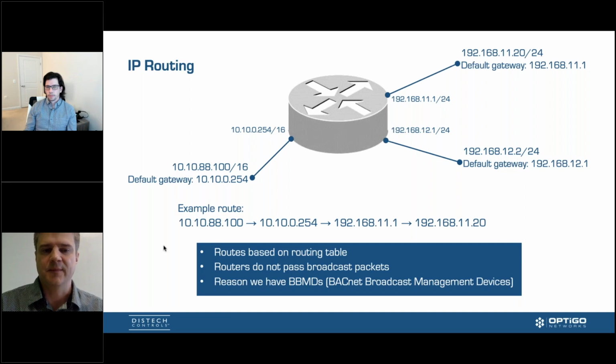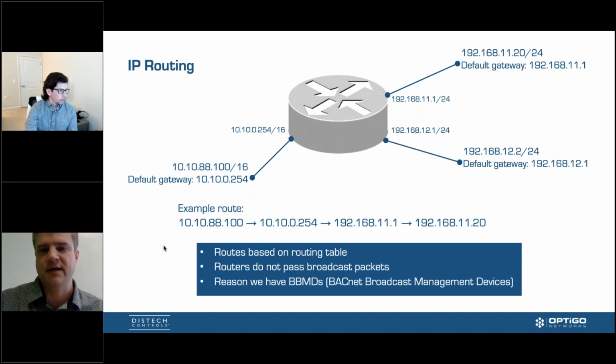So on your left, your PC is sending that packet to the router. The router is going to do a lookup in its routing table and see that my destination is 192.168.11.20, and it has a routing table entry, if you look on your upper right side, that says anything in the 192.168.11.1/24 range, so that would be the last of the four numbers, send it out on that interface.